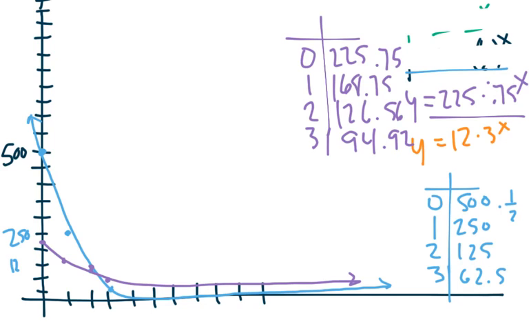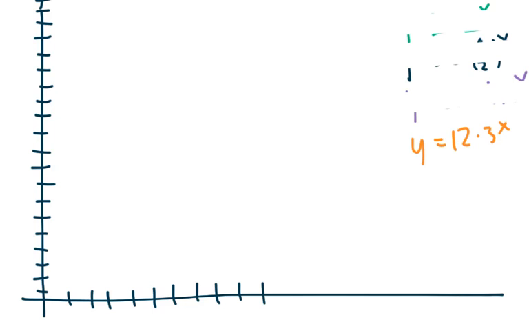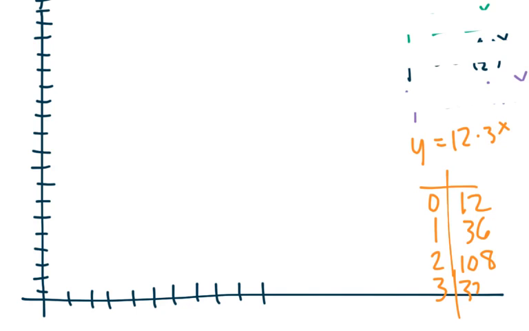Alright, let's take a look at our last one for this group of 4. So we've got y equals 12 times 3 to the x. So we start out at 12. Then 12 times 3 is going to give us 36. So that's 0, that's 1, that's 2, that's 3. 36 times 3 is 108. 108 times 3 is 324. So you can see we're getting pretty high pretty quick.